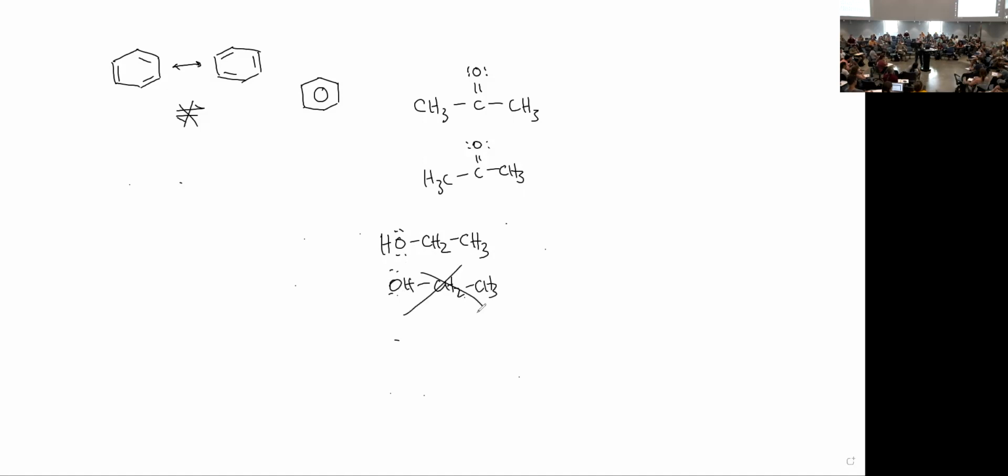Because with oxygen, we can afford to be picky. Oxygen is only 2 bonds, so we can always be clear about the connectivity there. We want to be careful that we're showing the connection of the carbon to the oxygen. So with oxygen, we can afford to be picky. With carbon, we can afford to be not so picky, because carbon has 4 bonds. And so that's why I would say those two are equivalent structures.